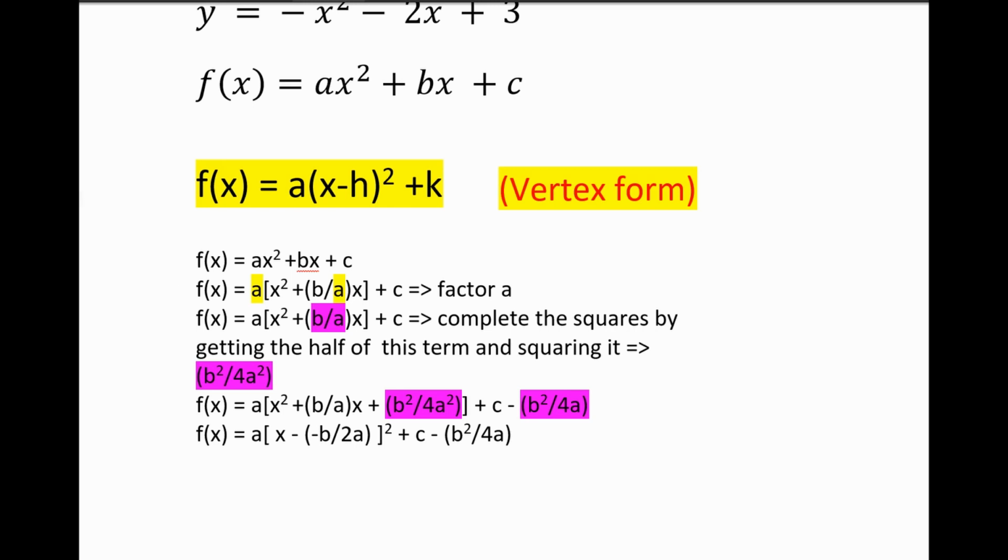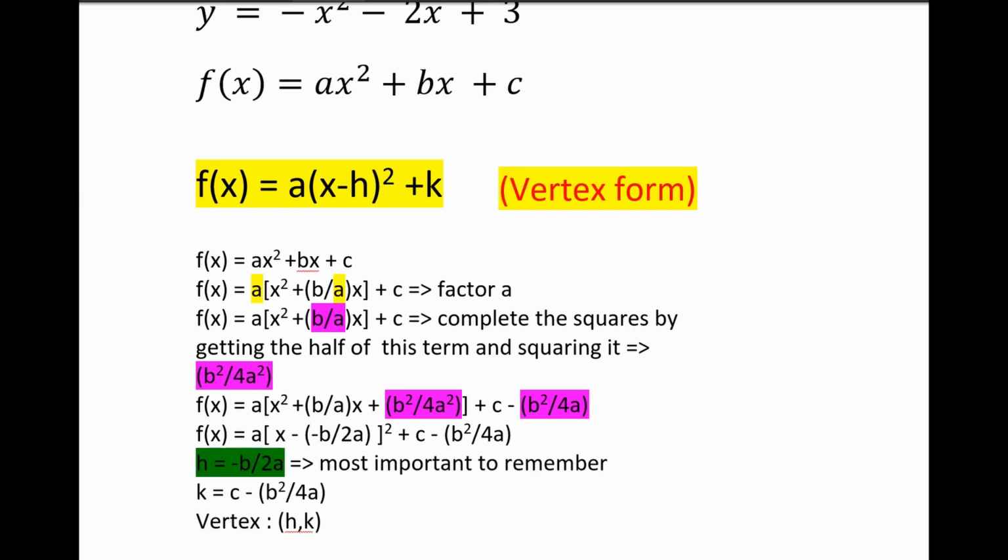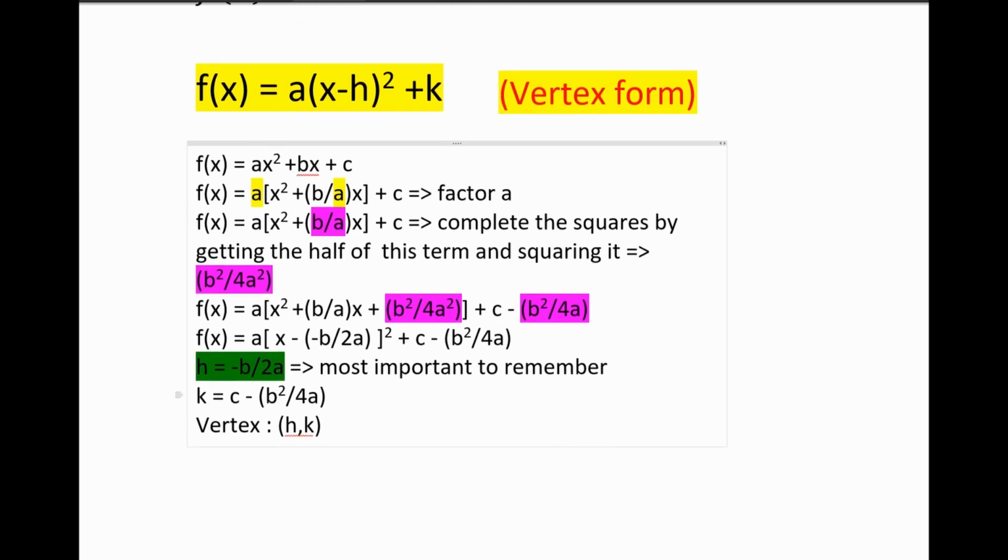We can look here, the formula of h as represented by the coefficients will be negative b all over 2a, which is the most important formula that you need in order to graph your quadratic function. And then k here is represented as c minus b squared all over 4a. So we now have our vertex point h, k.